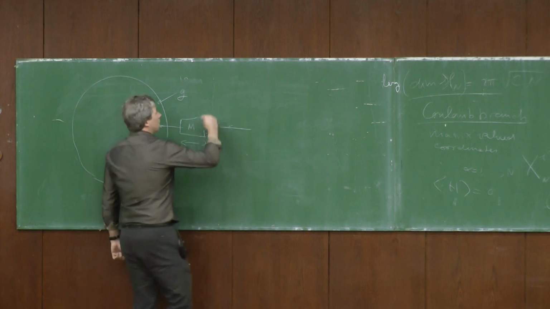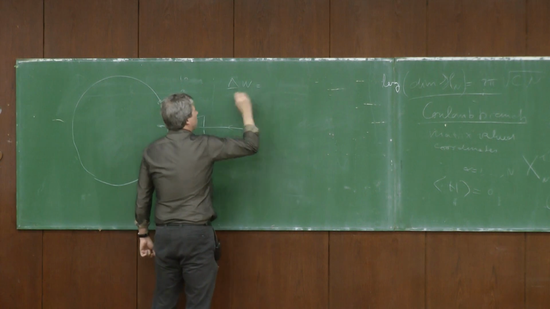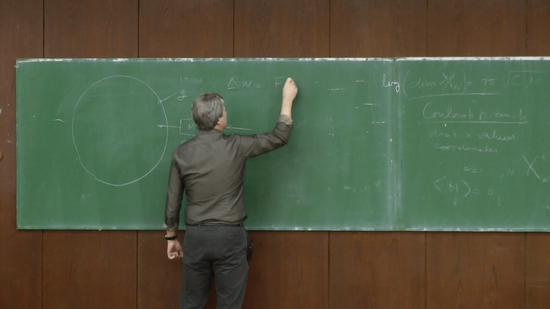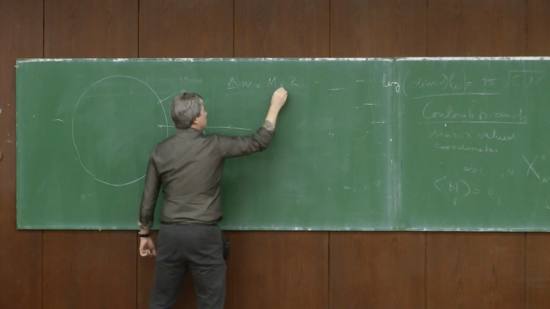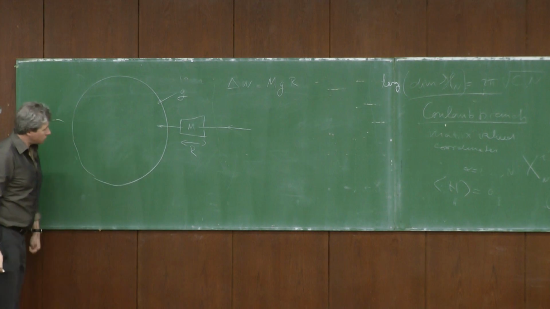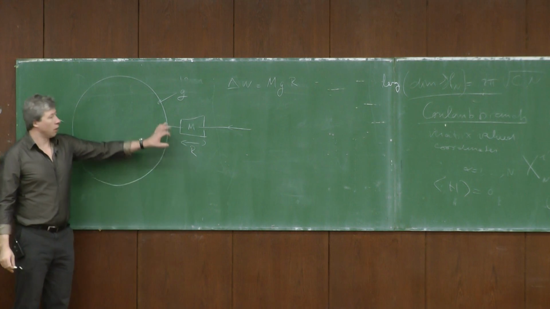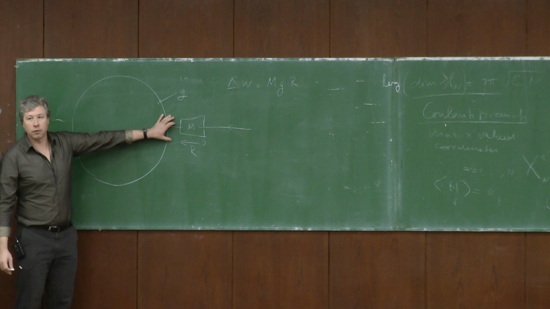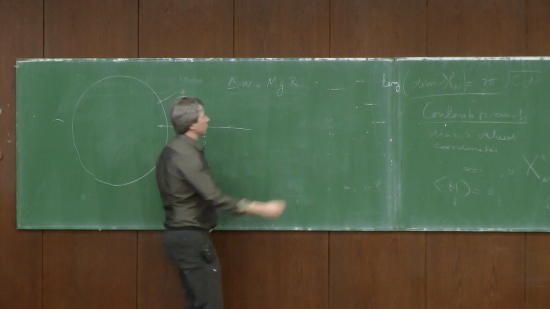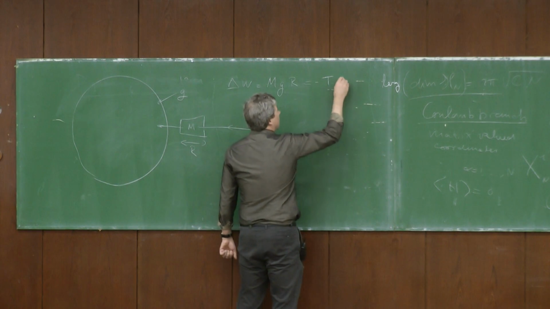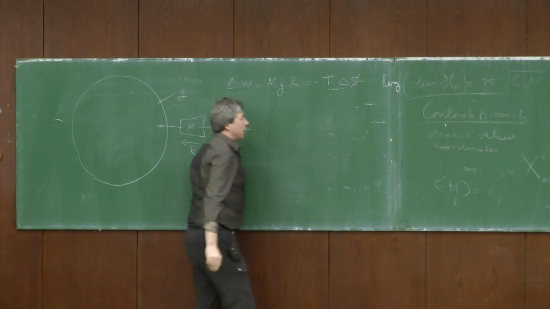So there's work which is equal to the force times r. Well, the force is just m times the acceleration. And then the change of the energy of the black hole is, by the first law of thermodynamics, equal to the temperature times the change of entropy of the black hole.